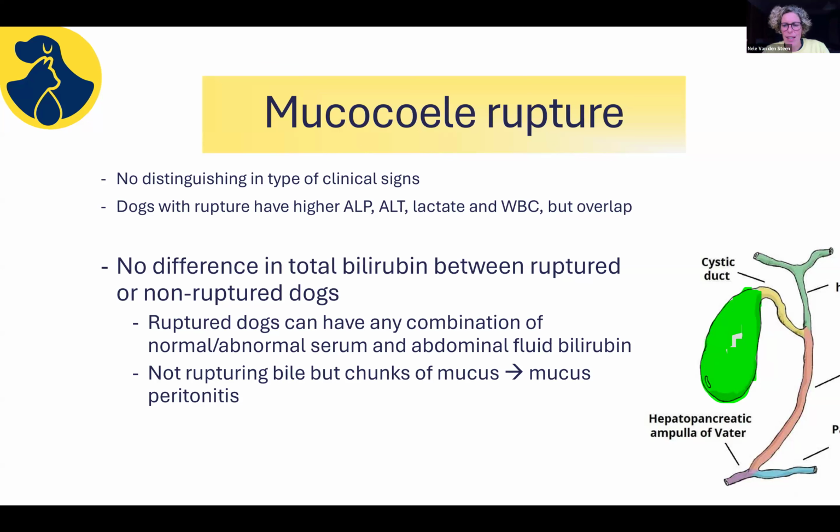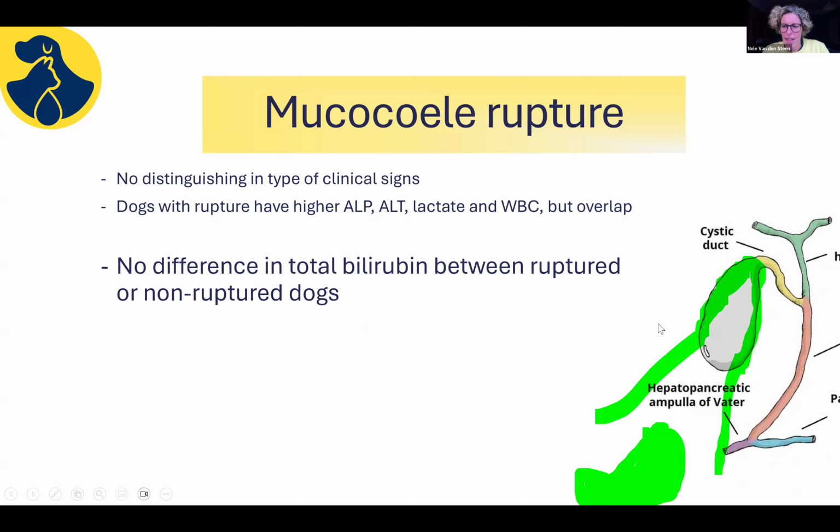And if you think about it, that kind of makes sense, because what has happened when it's ruptured is potentially this bit of mucus will get expelled. But because some of the mucus is still lining this gallbladder, there's very little bile in here. And the bit of bile is often encircled by the mucus if it does get expelled, and not necessarily communicating with the fluid.